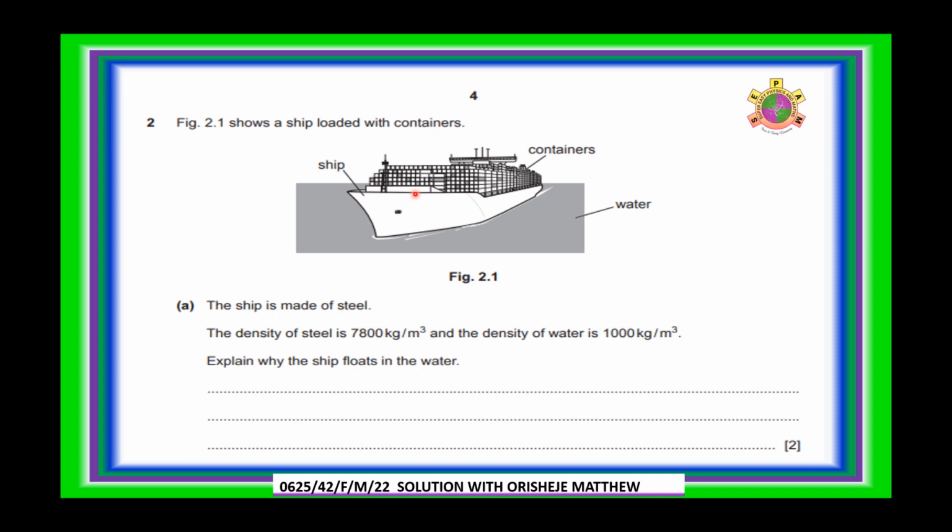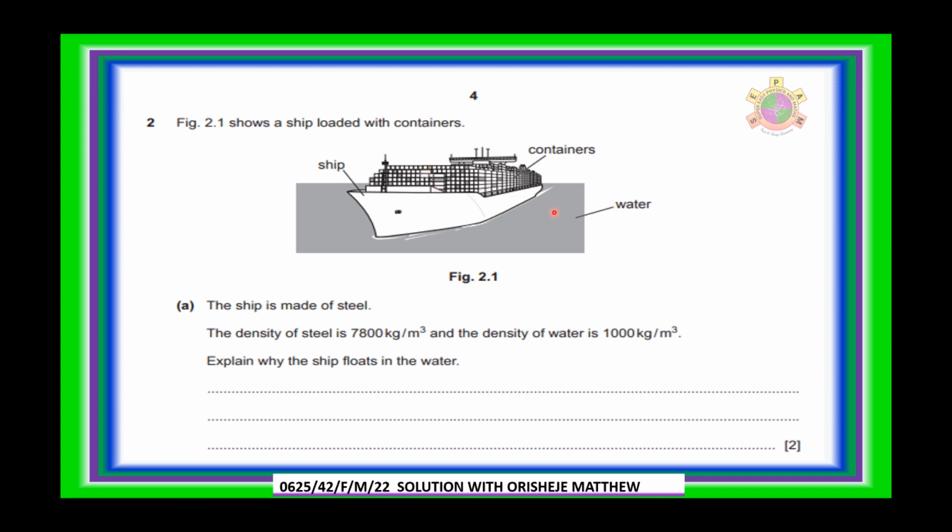So the total volume of this ship is the volume of the air plus the volume of the steel metal. So you can now calculate the average density. When you take the average of the volume of the gas and the solid, they do not produce a density that is lower than the density of the liquid.